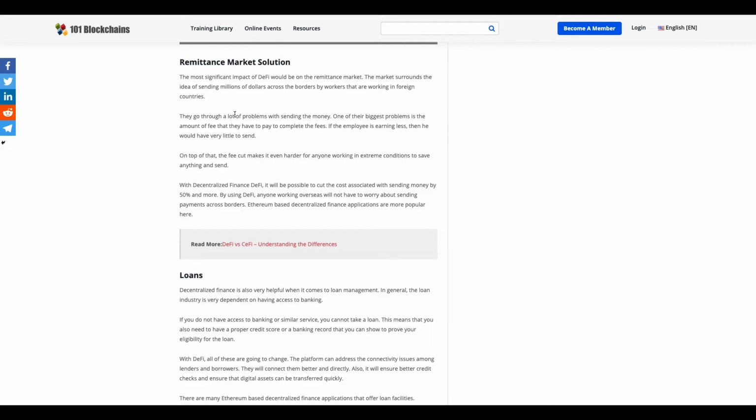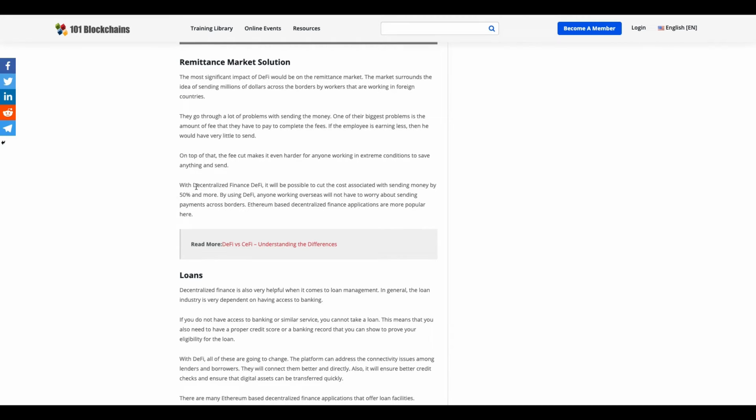When it comes to centralized banks, a lot of issues occur when sending money, and along with that, they had to pay various amounts of fees, and that's significantly decreasing your earnings, as it says here, employees earning less because of the fees that somebody's going to pay when sending it across to different countries around the world.